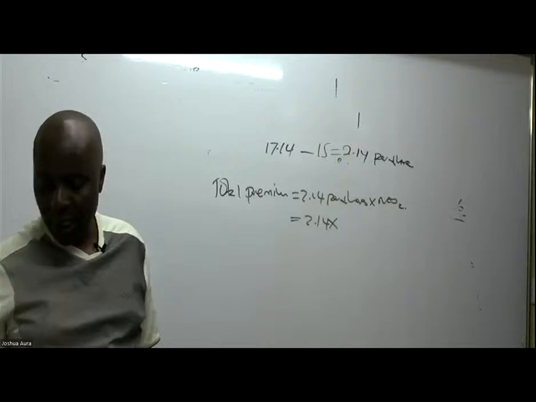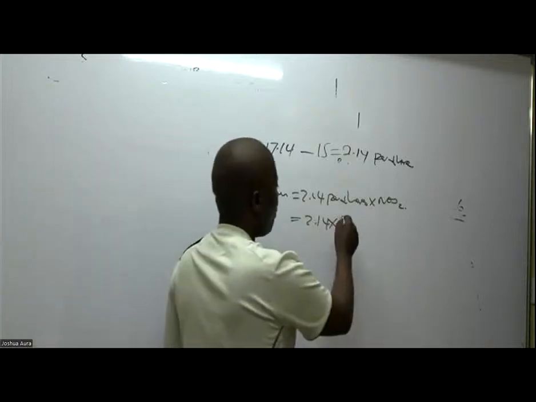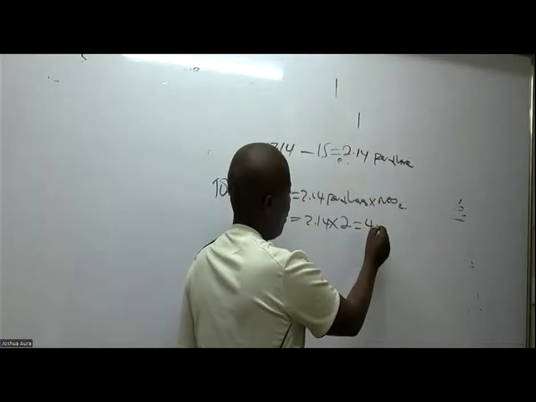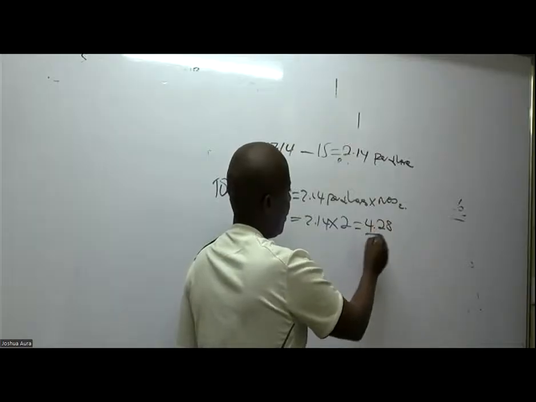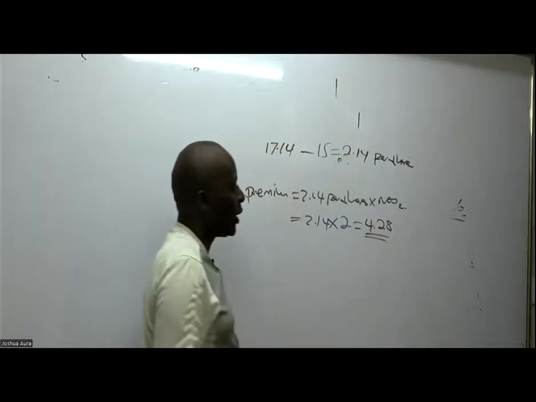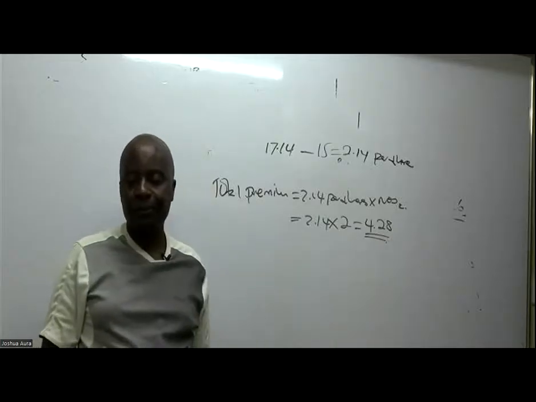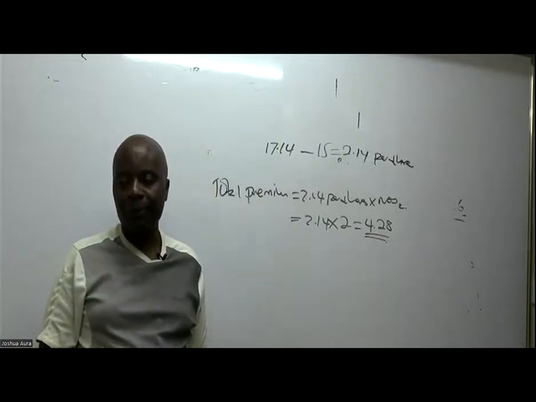Number of ordinary shares, which I can see there are 2 there. 2.14 times 2, which will end up giving us 4.28. So are we together really here? Are we together here?